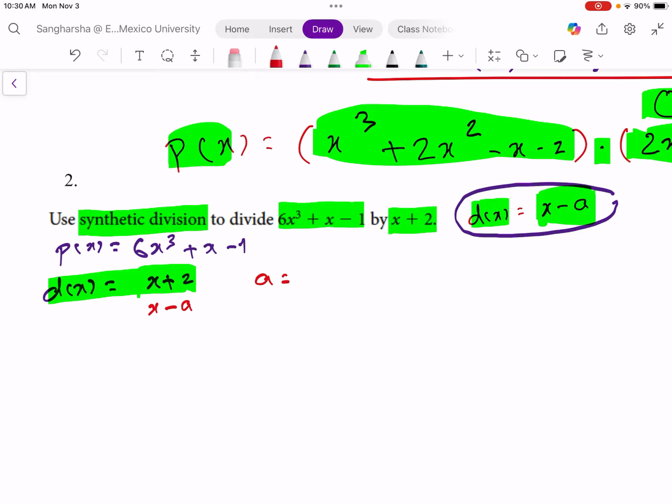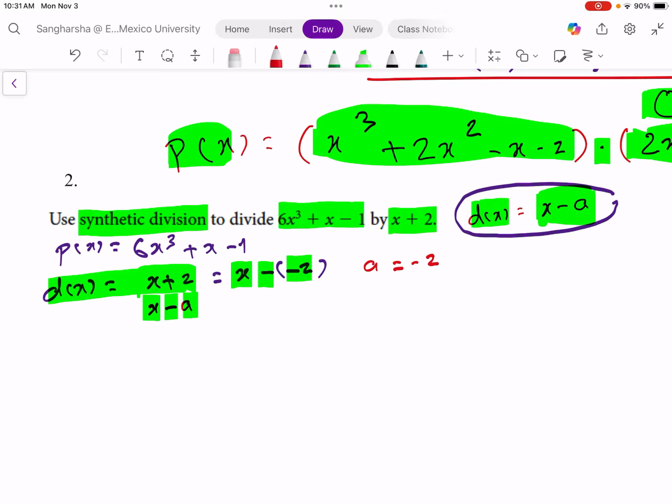Because we can rewrite x plus 2 as x minus minus 2. If you compare, for x we have x, for minus we have minus, and our a is minus 2. So we compare with x minus a and find the value of a, which is minus 2 in this case.